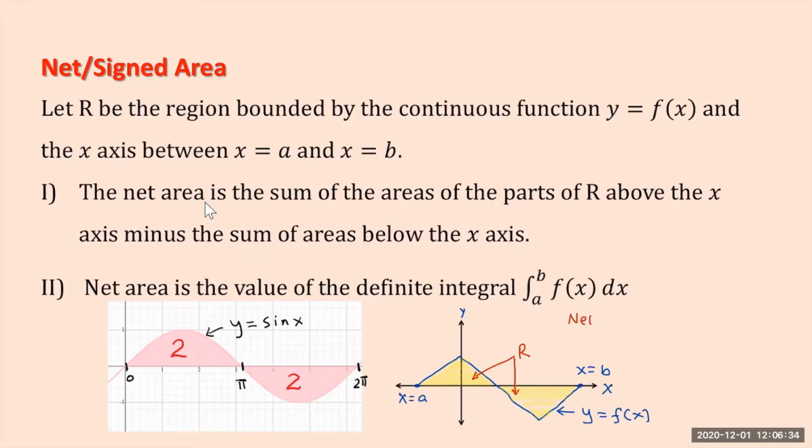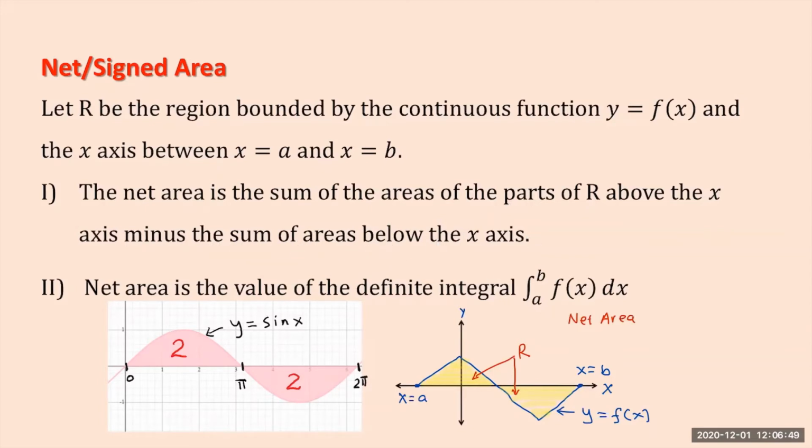Let me write that here. Net area. It is the sum of the areas of the parts of R above the x-axis minus the sum of the areas below the x-axis.